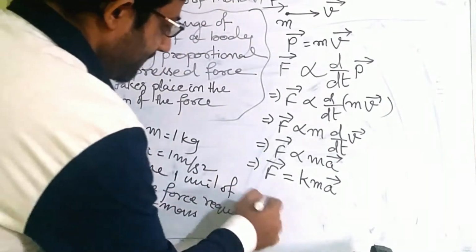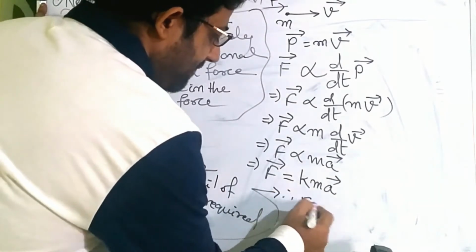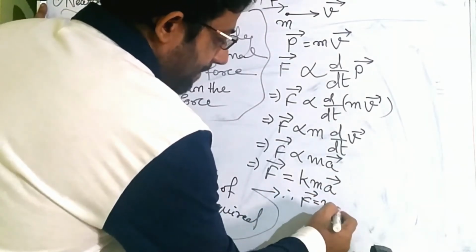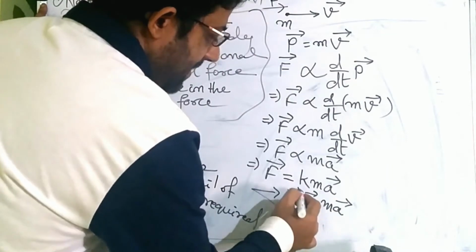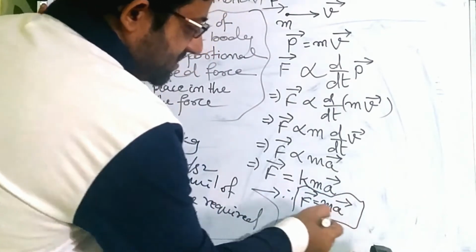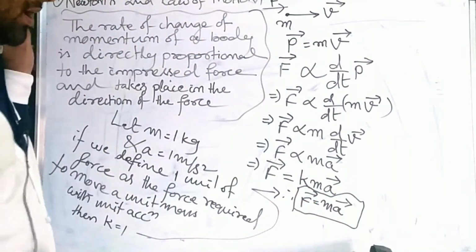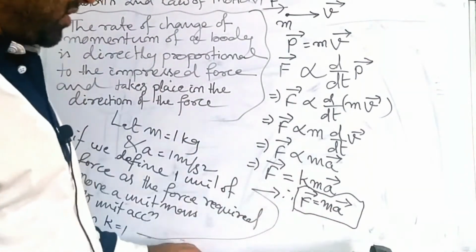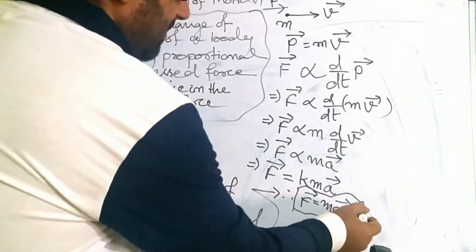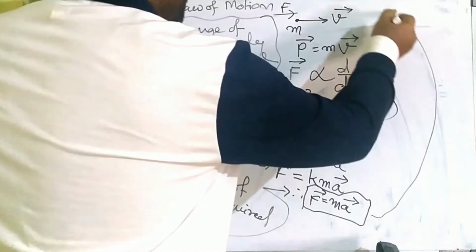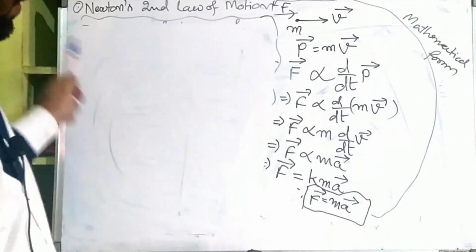From here, therefore, F is equal to ma. So the impressed force is equal to the mass of the body multiplied by the acceleration of the body, and this is the mathematical form of Newton's second law of motion.